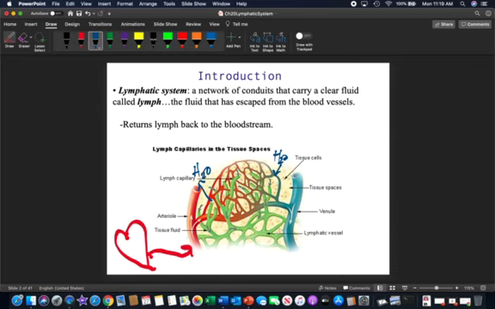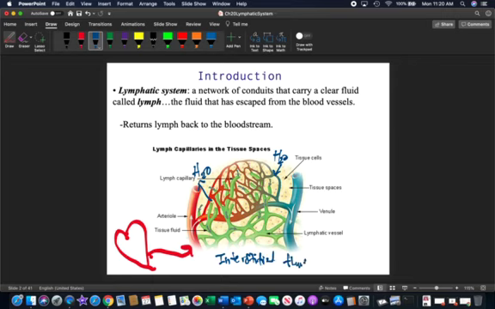The thing is, the amount of water filtered out on the arterial side is not equal to the amount that gets reabsorbed on the venule side. So there's fluid left outside, and that fluid that bathes and surrounds our cells, we call interstitial fluid.